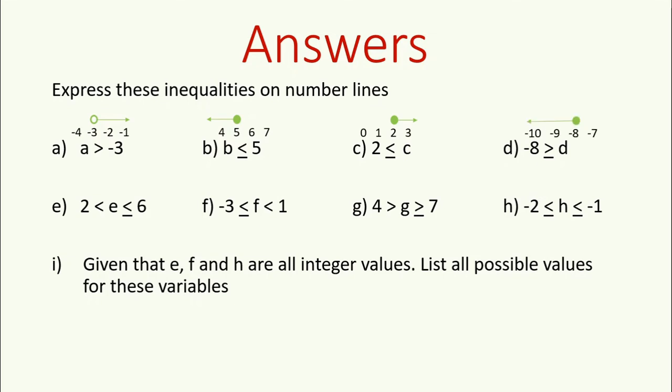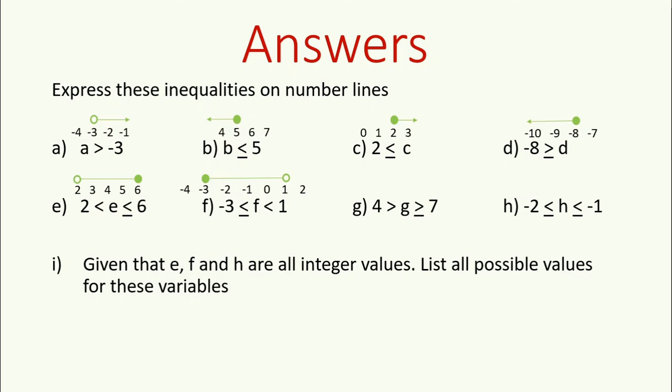D is less than or equal to -8, so I've colored in -8 and drawn a line going down from there. E is in between 2 and 6, but we see the inequality between E and 6 is underlined, so it's colored in. F is between -3 and +1, where F could possibly be -3, so we've colored that in.